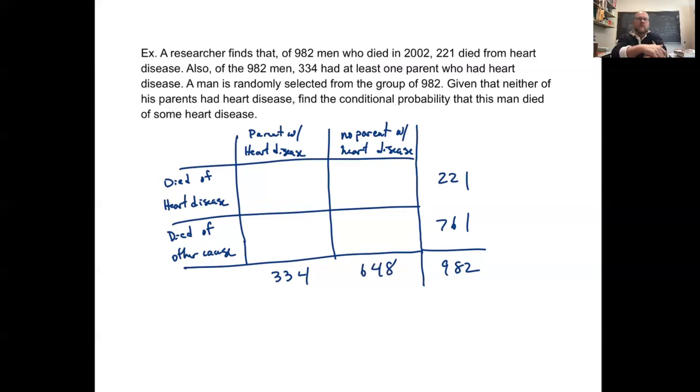Now, given that neither of his parents had heart disease, find the conditional probability that this man died of some heart disease. So neither of his parents had heart disease. That means that we are in this category here. How do we apportion those 648?